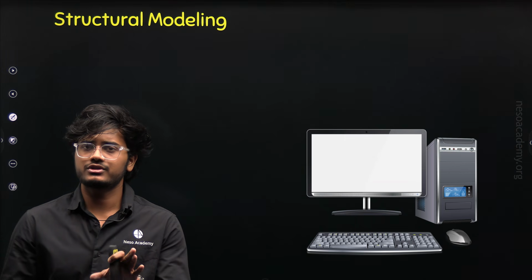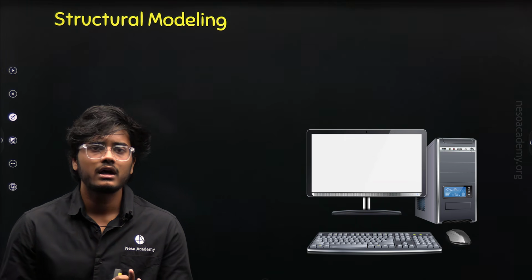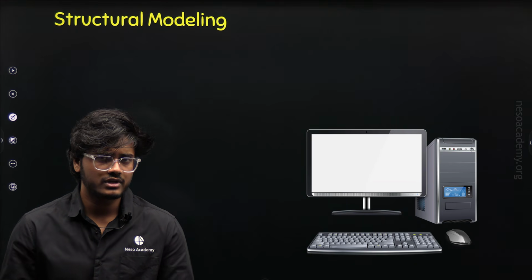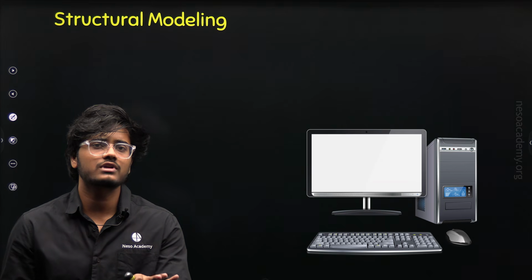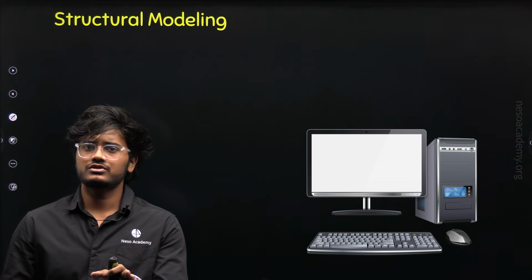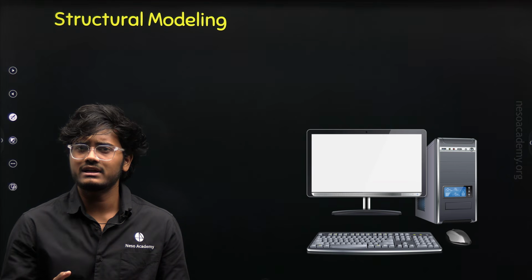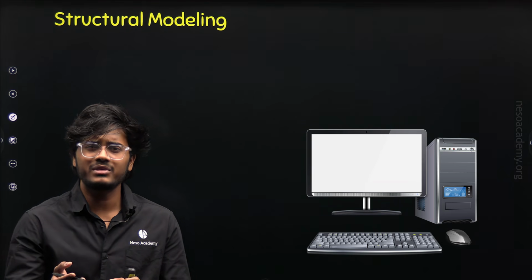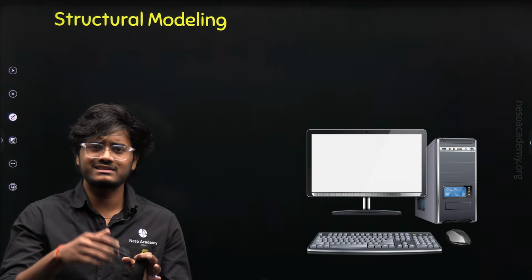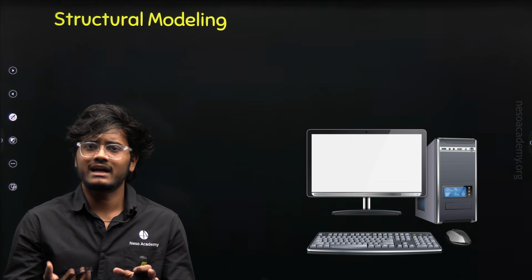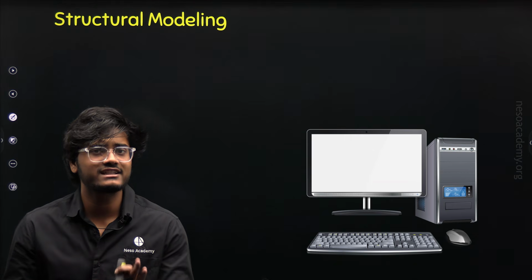Now, the second way to describe a computer is by using structural view. Now, structural modeling is similar to structural view. Structural view will describe a computer as a device which contains RAM, memory, motherboard, and their interconnections. And using these, it can perform calculations and store data.